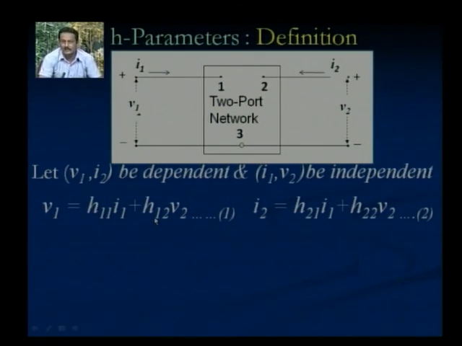Likewise, in a similar way, we can represent I2, the output current, as a combination of the two independent variables I1 and V2: I1 multiplied by some constant and V2 multiplied by some constant. So I2 can be represented like this: H21, a constant, into I1, plus H22, another constant, into V2.